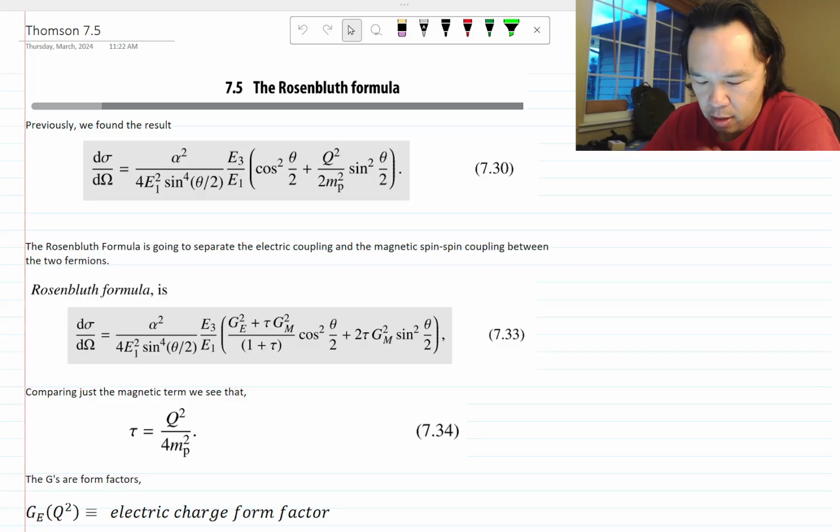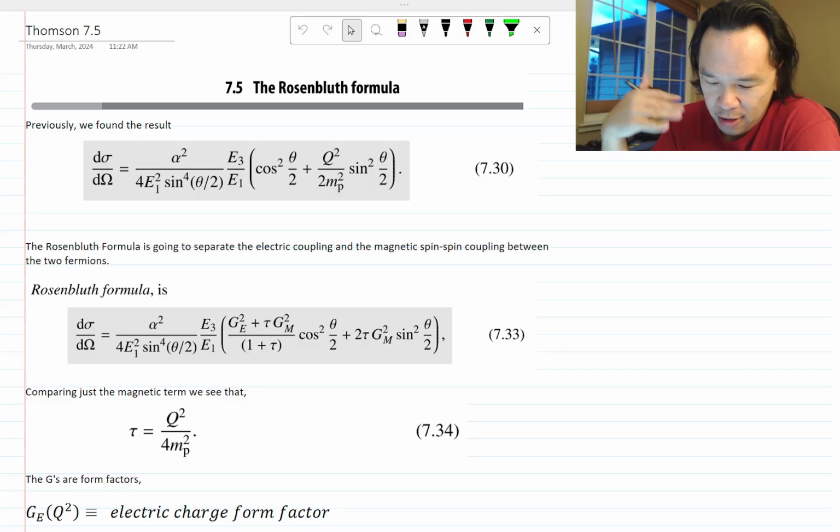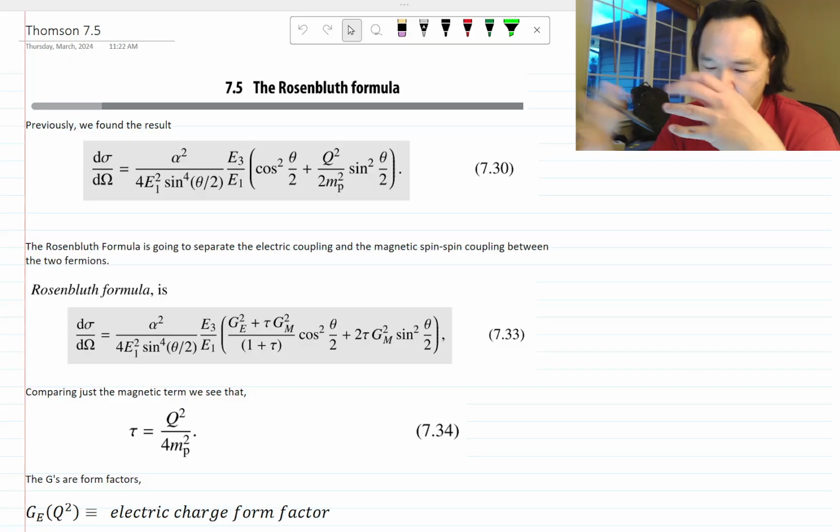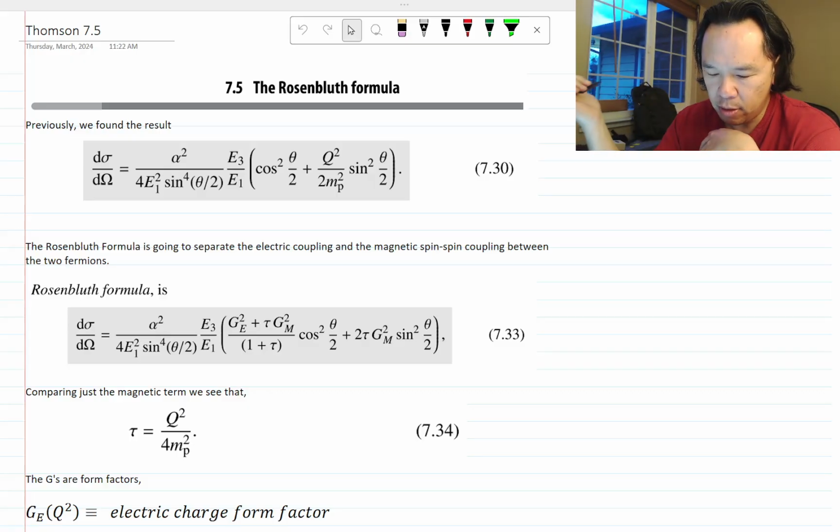So it's extremely useful if you're doing analysis at the end when we get to it, and also for how you theoretically decouple one type of interaction from another.